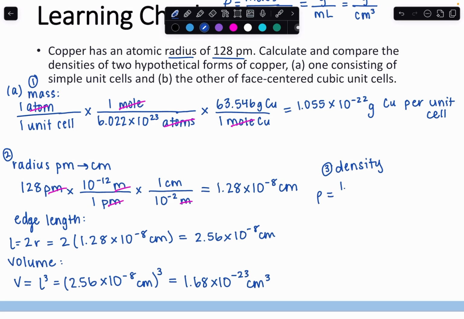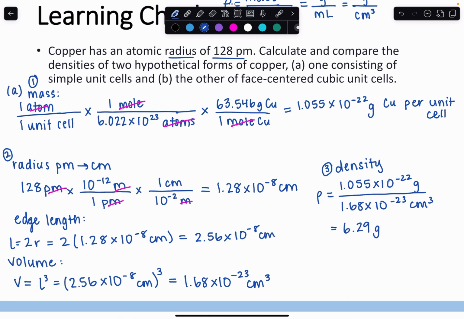Mass is 1.055 times 10 to the negative 22 grams, and volume we just calculated, 1.68 times 10 to the negative 23 centimeters cubed. Calculating that, this is 6.29 grams per centimeter cubed. That is the density of copper if it is arranged in simple cubic cells.